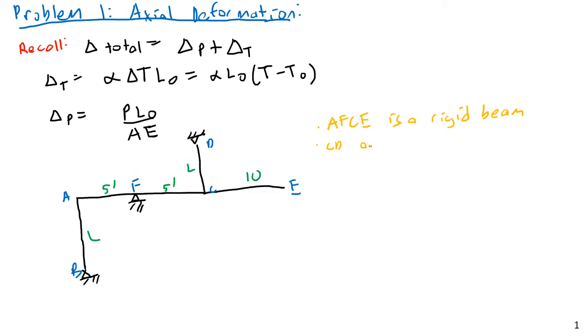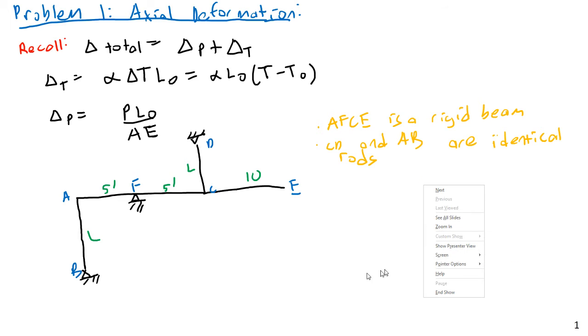CD and AB are identical rods. They have length L, so these rods each have length of 10 feet.